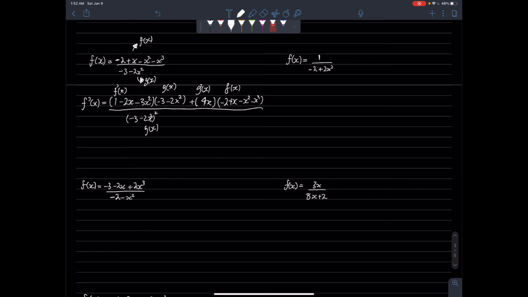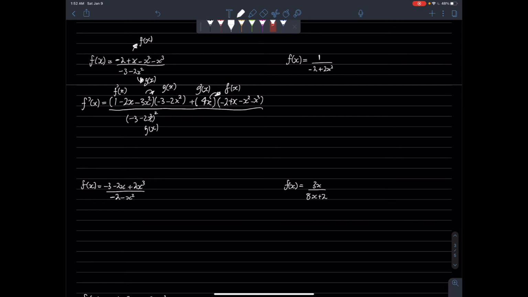So you could actually multiply these out and then collect your like terms or do some factoring. In my opinion, it's not really worth the time unless you're forced to do it, because at that point it's not calculus, it's just algebra. And here we're here to learn calculus right now, right?